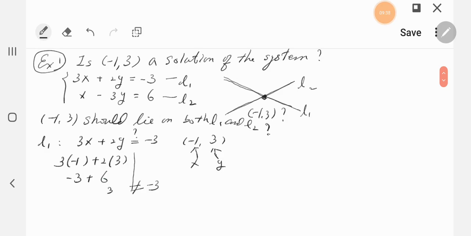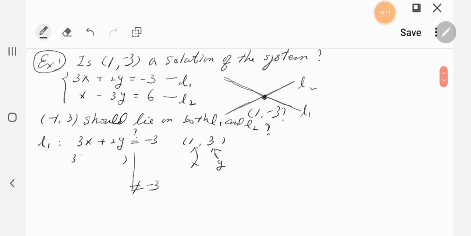So the given point is not on line 1. Am I doing something wrong? I'm sorry, I copied the wrong point. It should be 1 and -3, not -1 and 3. So let's plug in 1 and negative 3 for x and y respectively.